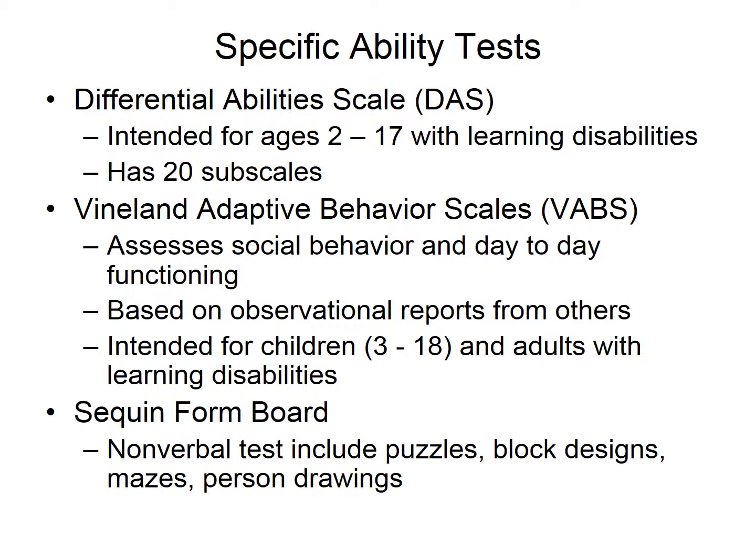There's the Vineland Adaptive Behavior Scales, the VABS, which assesses social behavior and day-to-day function, usually based on observational reports from others. So again, this is an individually administered test. It gathers information from the people dealing with the child. It's intended for children 3 to 18 and adults with learning disabilities. But again, it's not necessarily looking at fluid or crystallized intelligence.